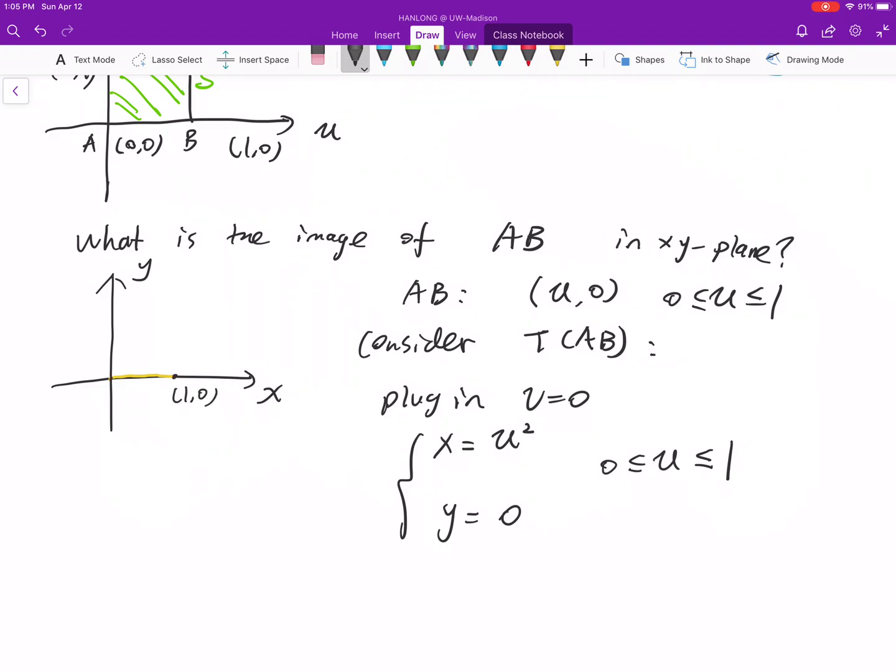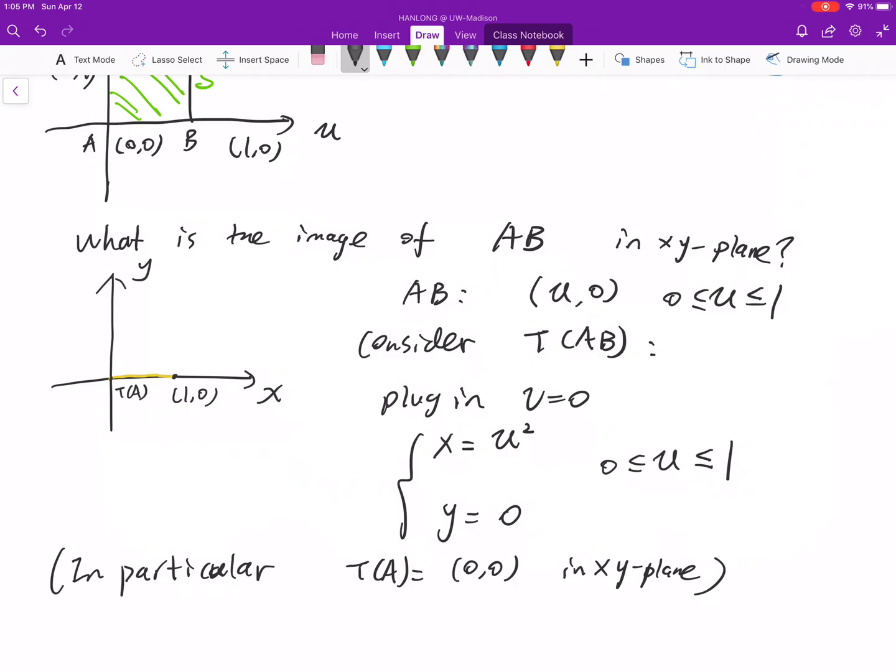This is your T(AB). In particular, notice A is mapped to (0,0) in the xy plane. You can just plug in points. Therefore, you have T(A) here, T(B) here.